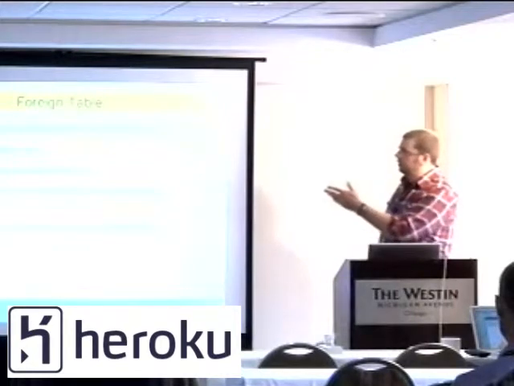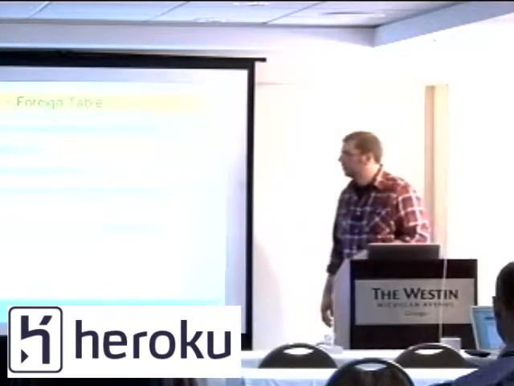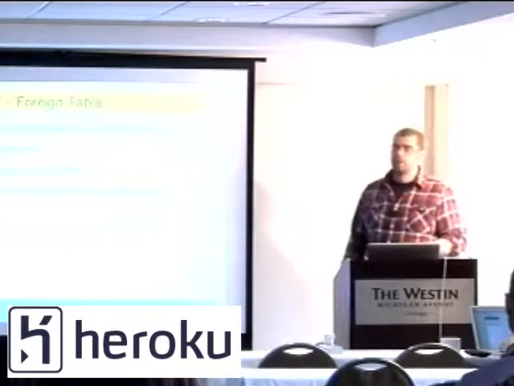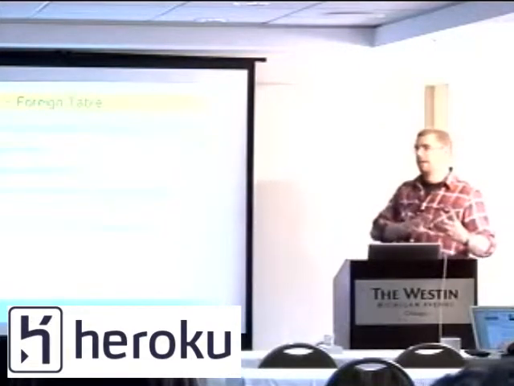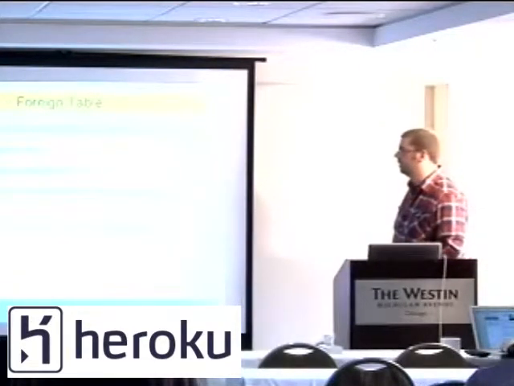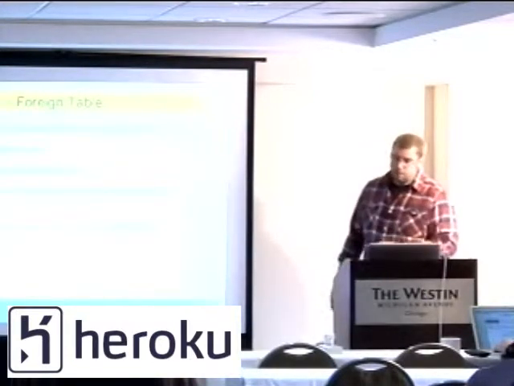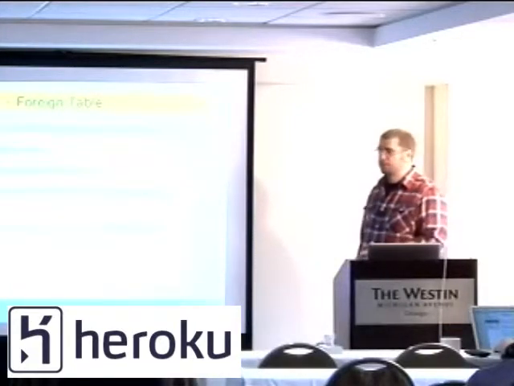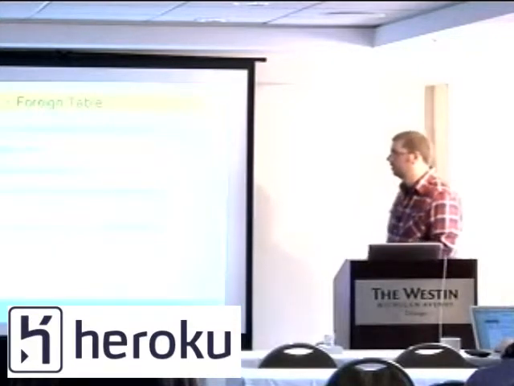That could be the actual table in a remote Postgres or MySQL database, or a view, or it could be a delimited file, or it could be an SQL query that returns a result set, which then will appear as a table when we query it in Postgres. Similar to the foreign servers and the FDW itself, each table uses one foreign server, and each server can have multiple tables defined against it.